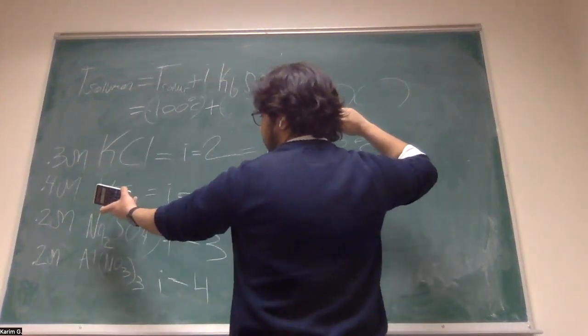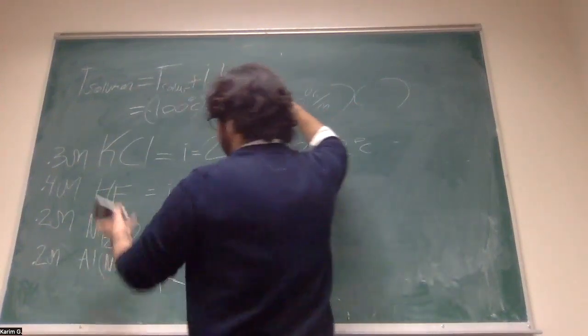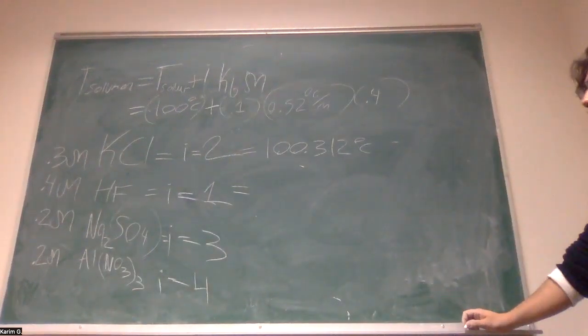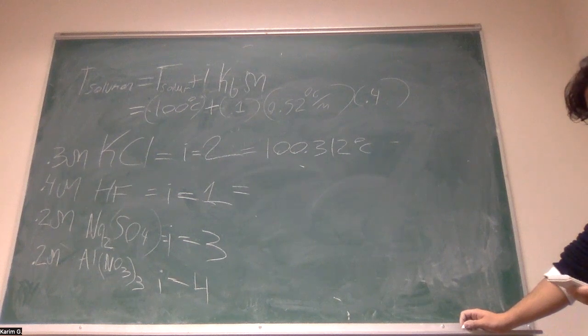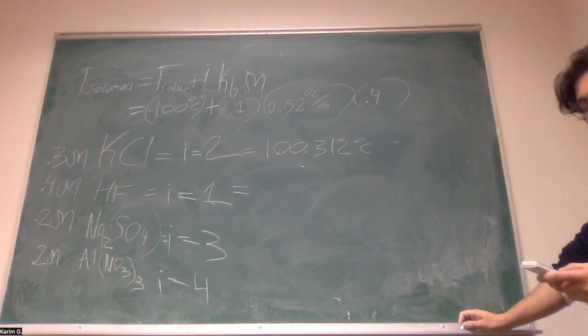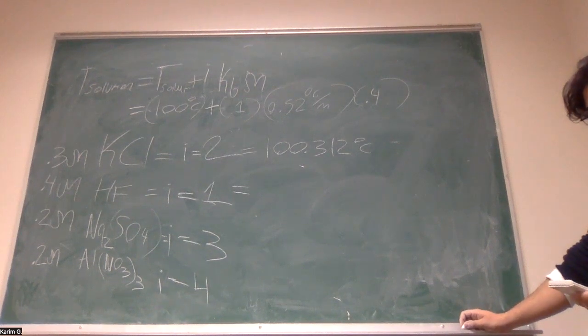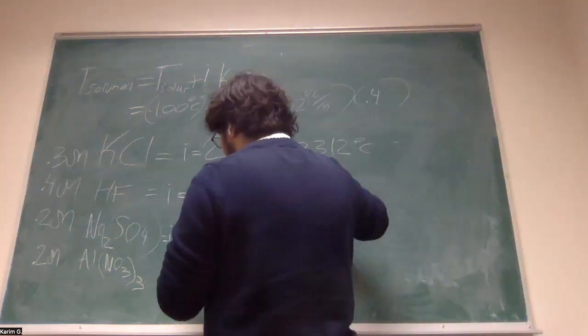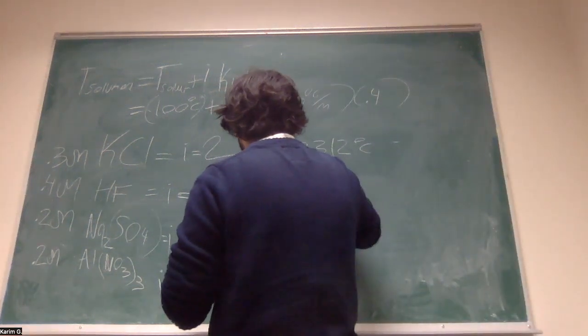Now for hydrofluoric acid, it would be a Van 't Hoff of 1 and molality of 0.4. So it's just 0.52 times 0.4. Oh, 0.4. My bad, y'all. Which is 0.208, but you add 100 to it.